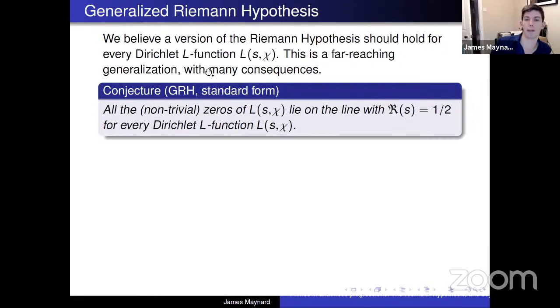So the generalized Riemann hypothesis, or at least one formulation of it, is if you look at all these Dirichlet L functions, then all the non-trivial zeros of these Dirichlet L functions also all line up on this vertical line with the real part equal to 1/2. So this is a big generalization of the Riemann hypothesis, and the generalized Riemann hypothesis in this form tells you a huge amount about primes and arithmetic progressions.